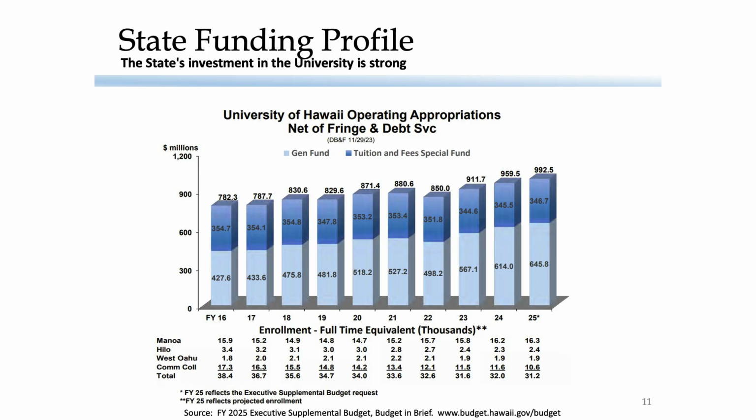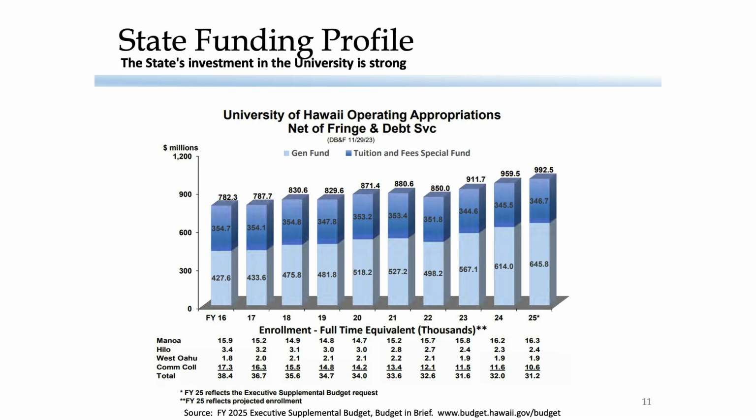Here, what you should see on this chart is, over the years, the operating budget of the University of Hawaiʻi has been growing. But if you look at the portion that is funded for that growth from state appropriations, general funds, and the amount from university earned revenues, that amount has largely been consistent for the most part, but also growing.